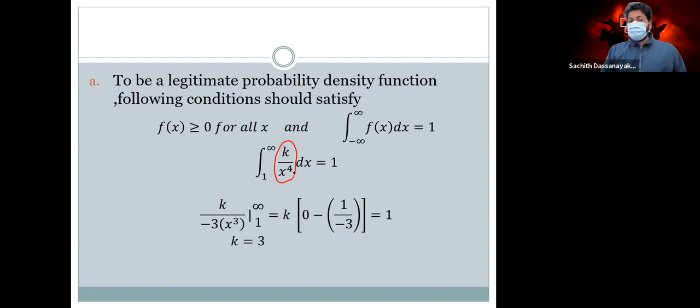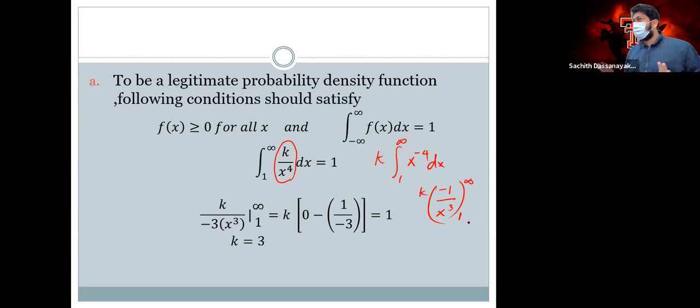Forget about k, you can take k out of the integral. So the integral from 1 to infinity of x to the power negative 4 dx, or 1 over x to the power 4. So what is this? k times negative 1 over x to the power 3, from 1 to infinity.